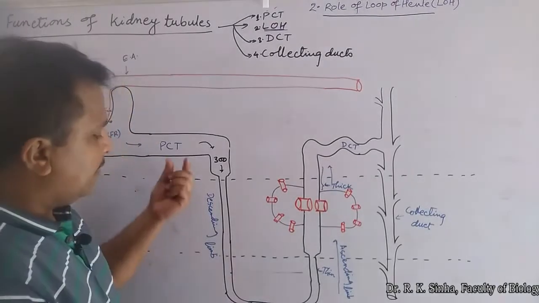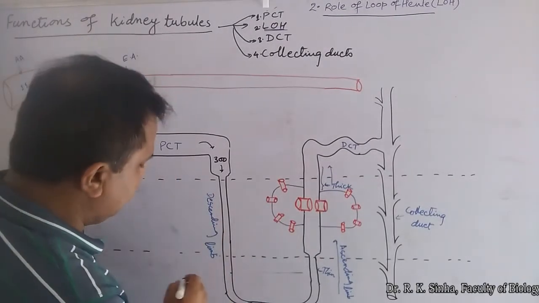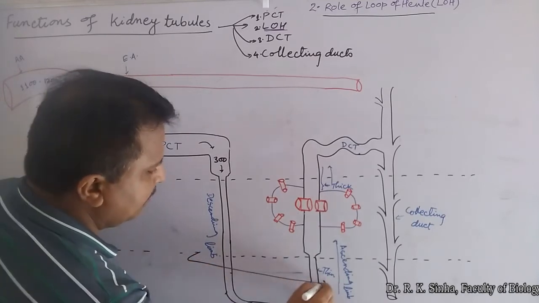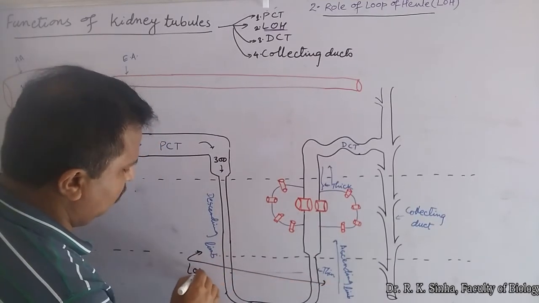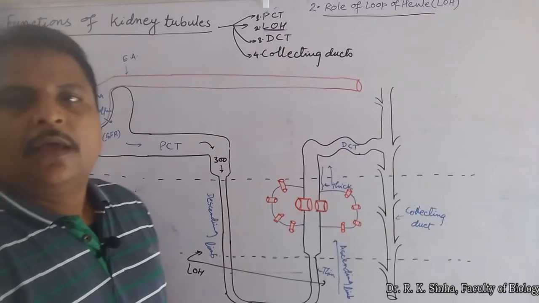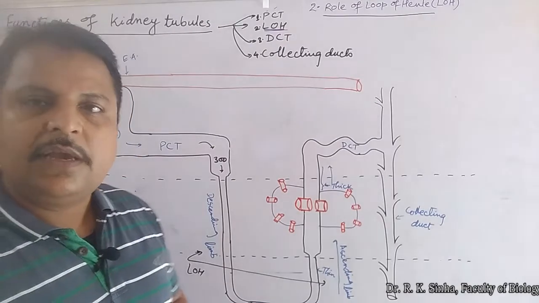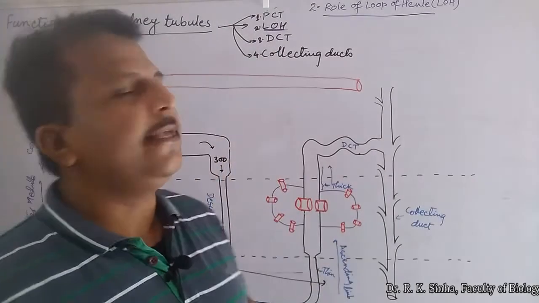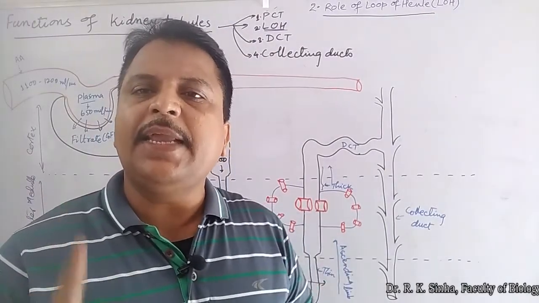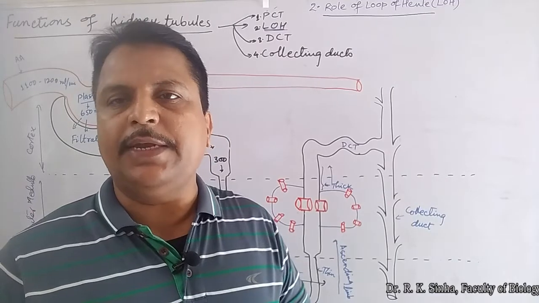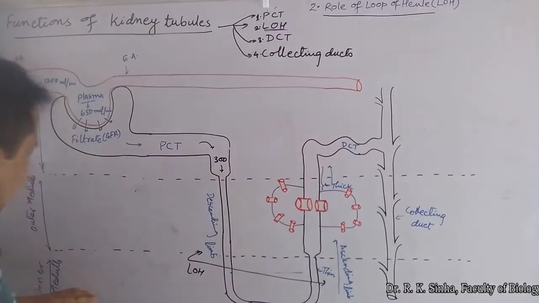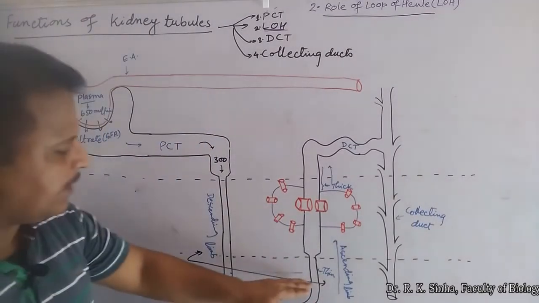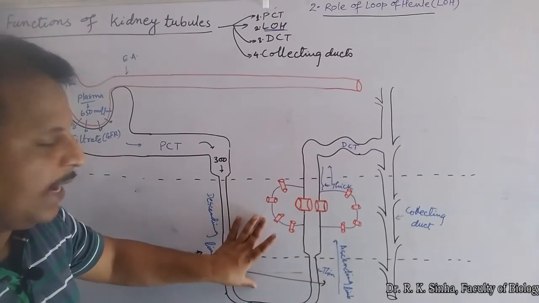Now what is the function of this loop of Henle? This part and this part is the loop of Henle, LOH. So what is the role of the loop of Henle? Actually the role of the loop of Henle is to maintain the hyperosmolarity in the inner medullary interstitium.